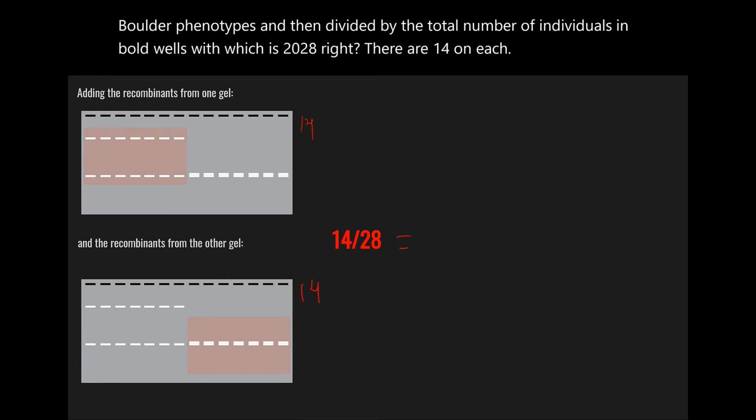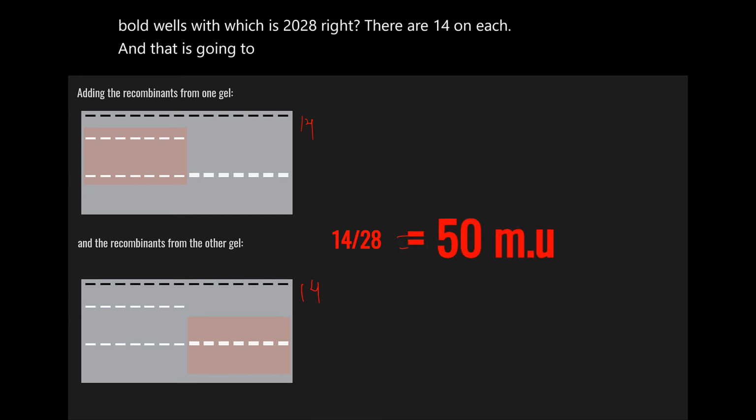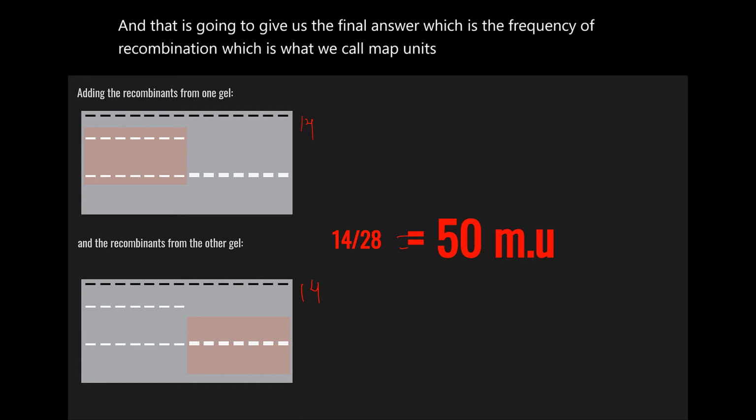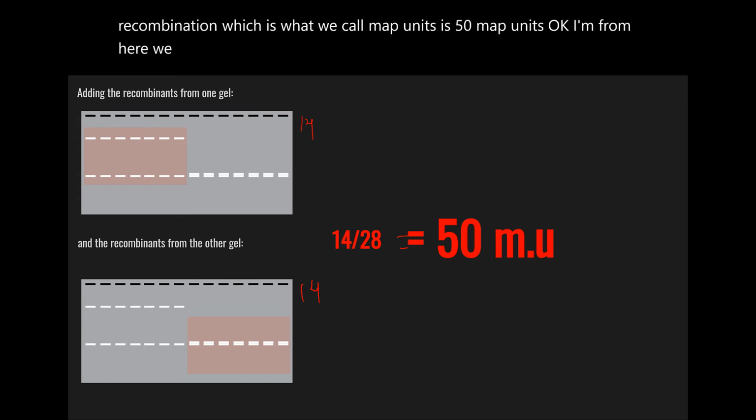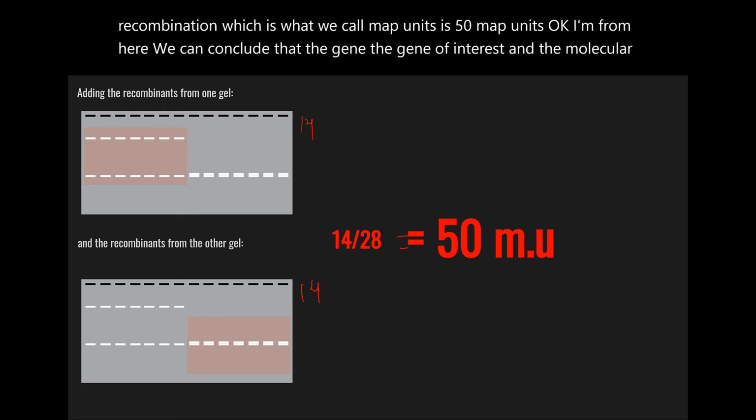And that is going to give us the final answer, which is the frequency of recombination, what we call map units, 50 map units. Okay, and from here we can conclude that the gene of interest and the molecular markers are in different chromosomes.